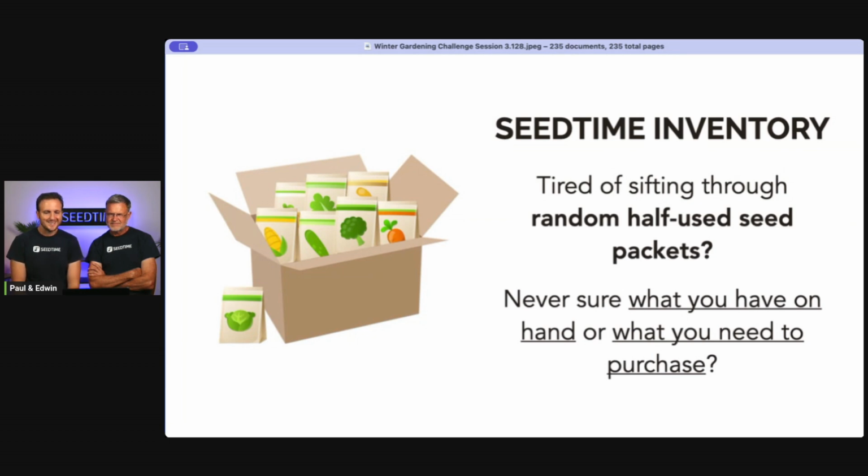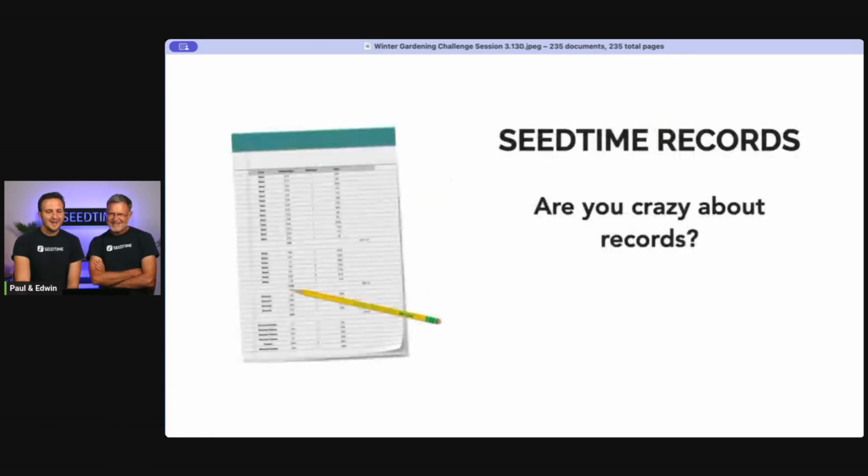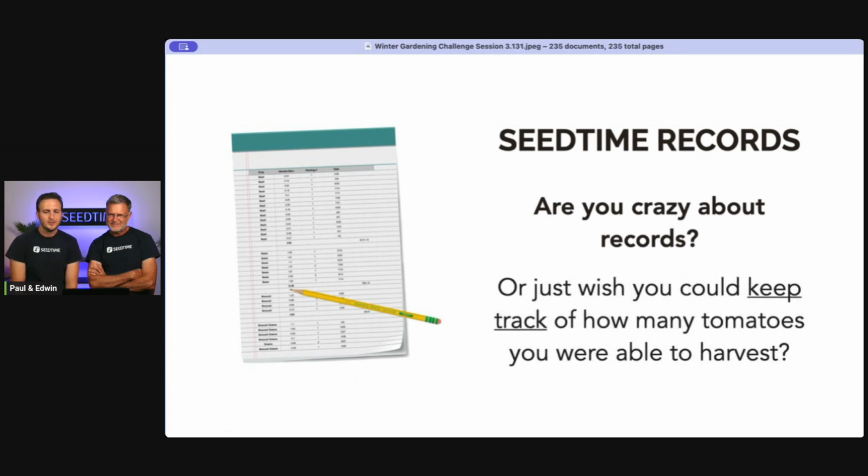However, believe it or not, we believe that Seed Time can get even better. You guys ready for this? Because we are planning to also build out Seed Time records. So for those of you that are crazy about records, or you just wish you could keep track of how many tomatoes you were able to harvest in your garden, this is going to be one of the easiest ways to keep track of records in your garden.